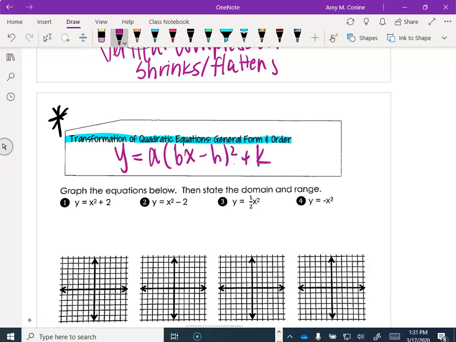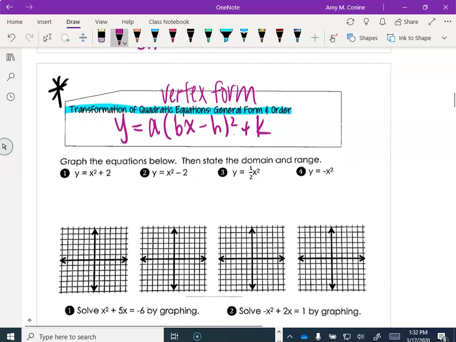So we've got a times (bx minus h) squared, and then we have a plus k. So the h and k, this is standard for vertex form. This is what vertex form looks like, and this is what our transformations will follow. So you don't always have to have a long trinomial.